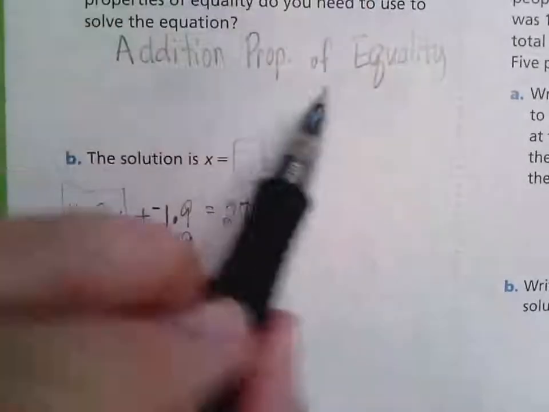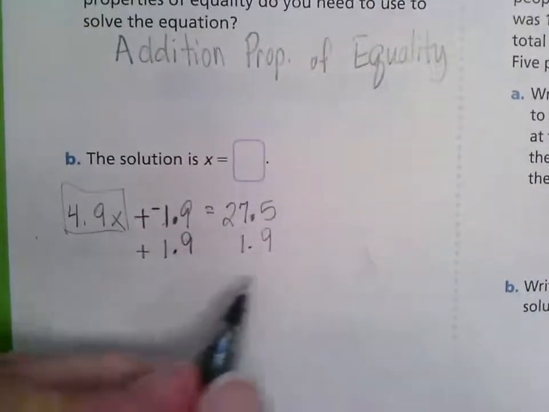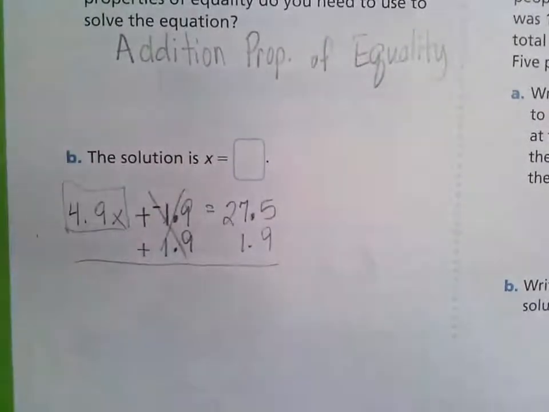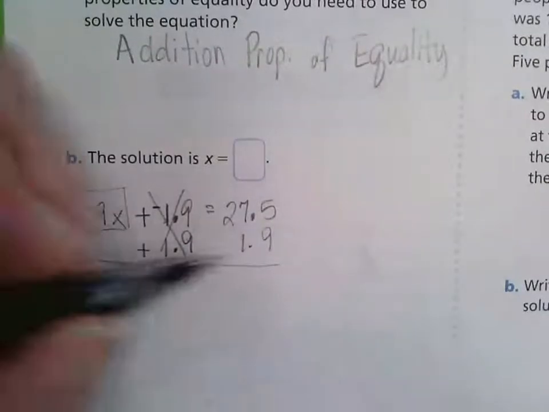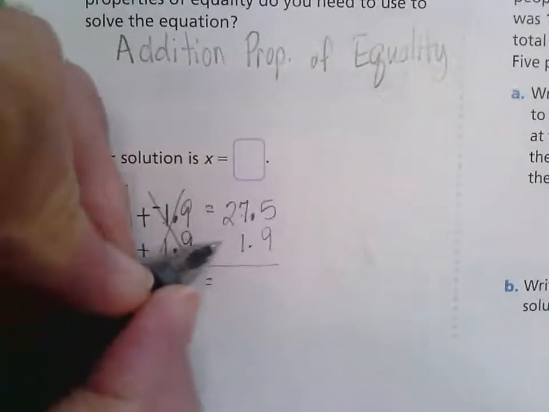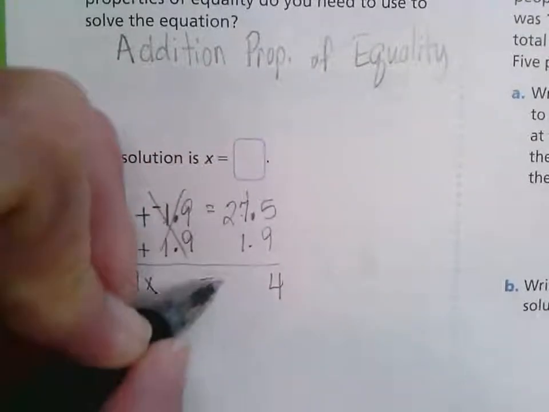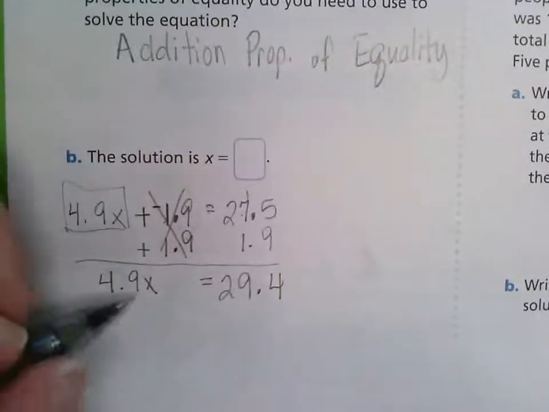Properties of equality just mean that we're doing the same thing on one side that we do on the other. So when I do that, these are going to zero out, and I'm going to be left with 4 and 9/10 x equal to, and let's see, I was adding there, so this is going to be 29 and 4/10.